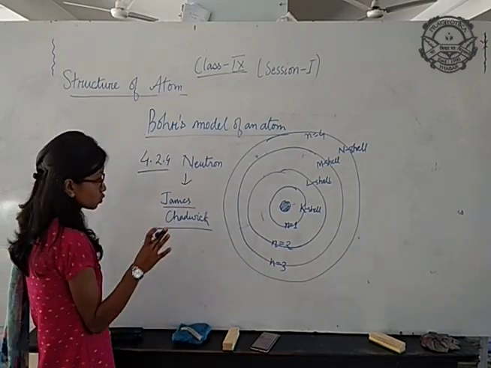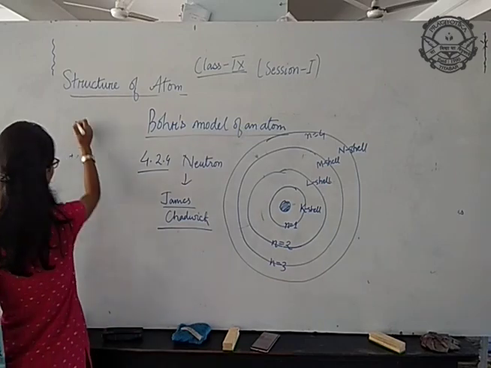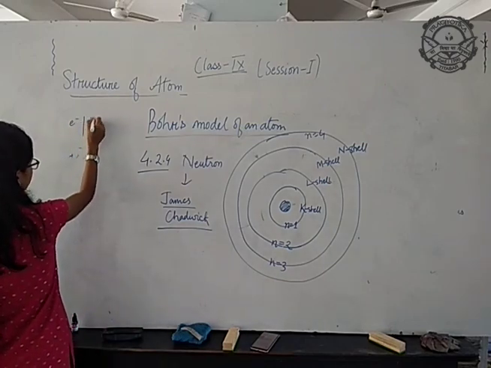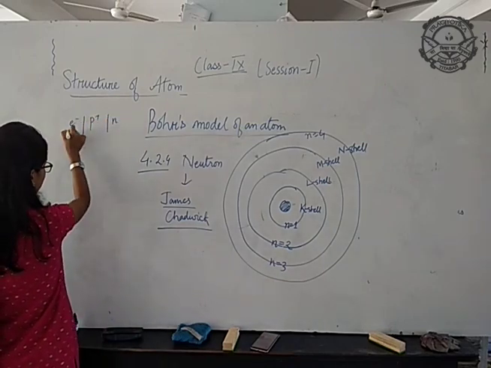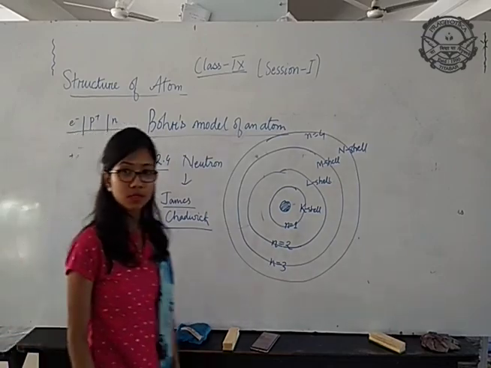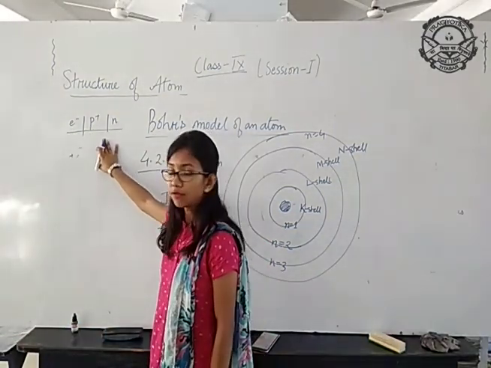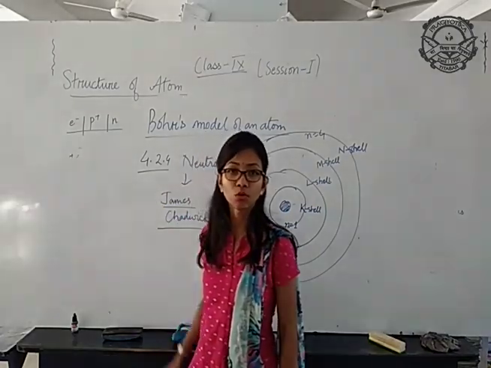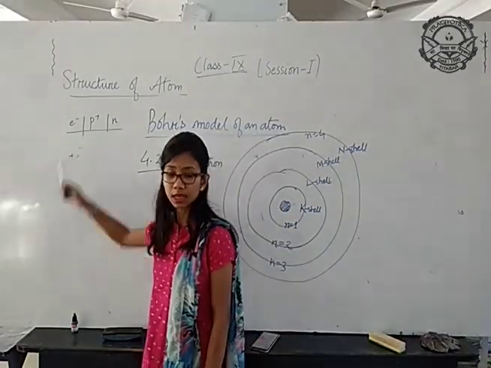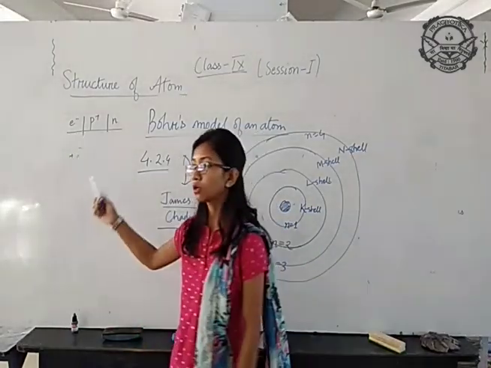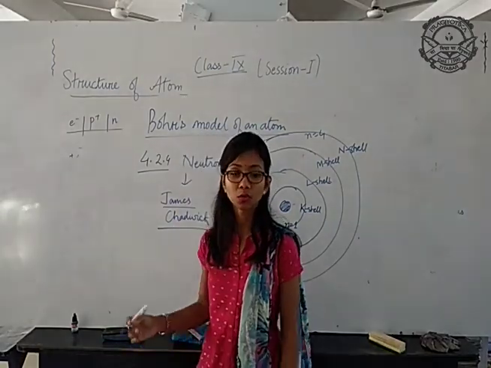Okay, see students, you will write in this way: electron, proton and neutron. You will make 3 columns and find out the difference between electron, proton and the neutrons. What are electrons? Electrons are negatively charged particles, protons are positively charged, and neutrons are neutral particles.